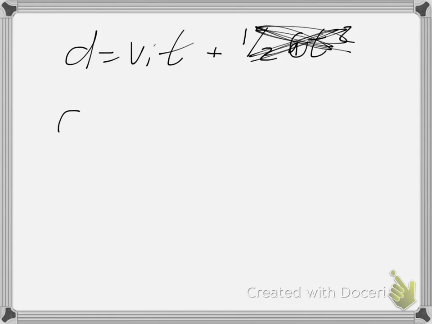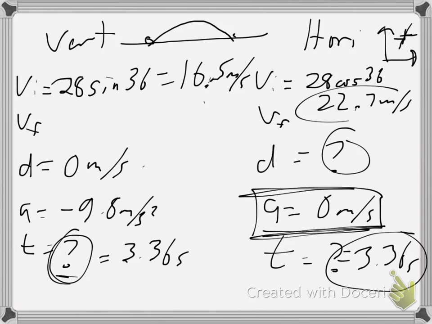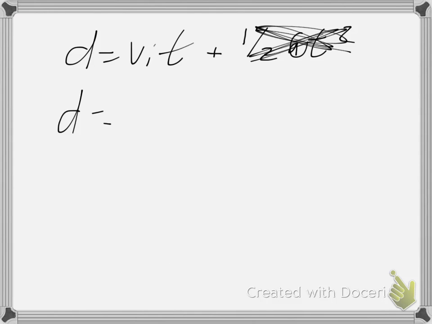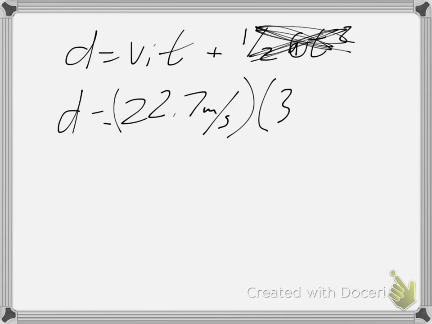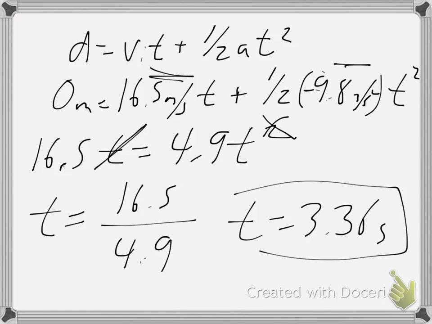So our distance is what we're looking for. We know our velocity in the horizontal is going to be 22.7, so let's plug in 22.7 meters per second there. And we know our time is going to be 3.36 because we determined that there.